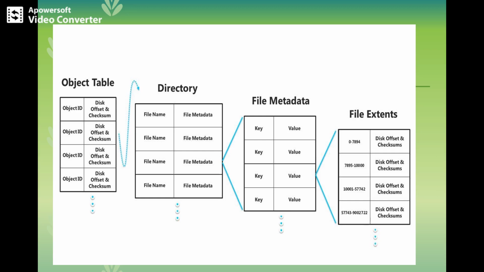Using the disk offset and checksum, you get the directory entry, and this directory entry contains just the file name and the metadata. Again, this file metadata is linked, and we get a key and a value.